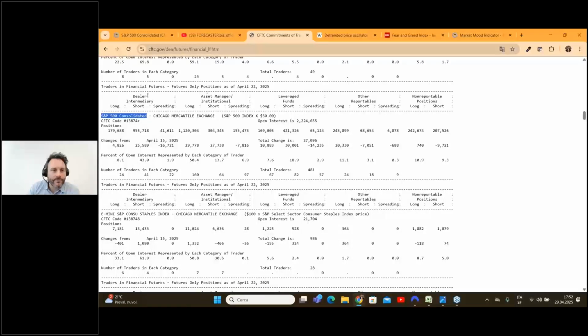Here you have, for example, the long positions for the leveraged funds and the short positions, okay? This is not a very nice page for understanding how they are trading on this specific market, because you can find just one data point, okay?